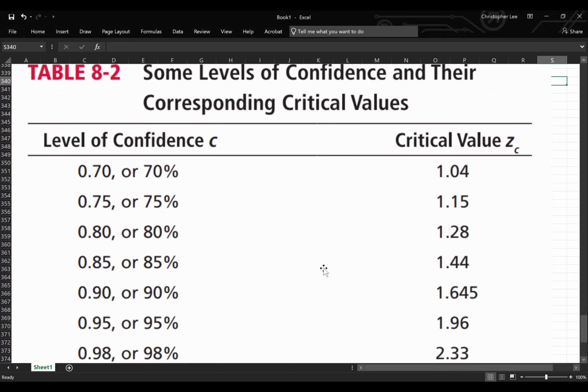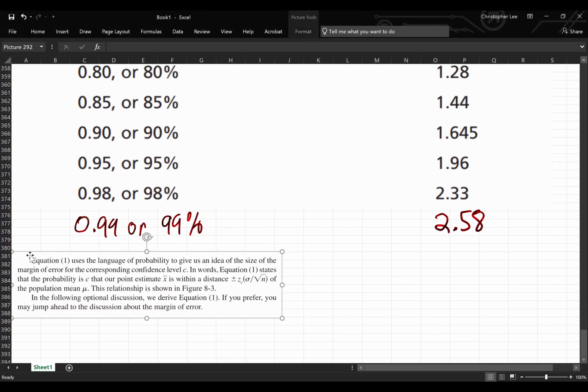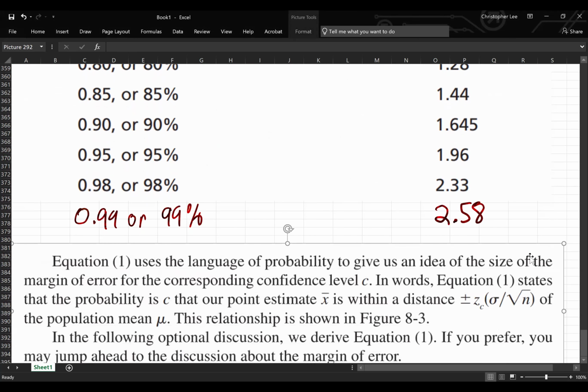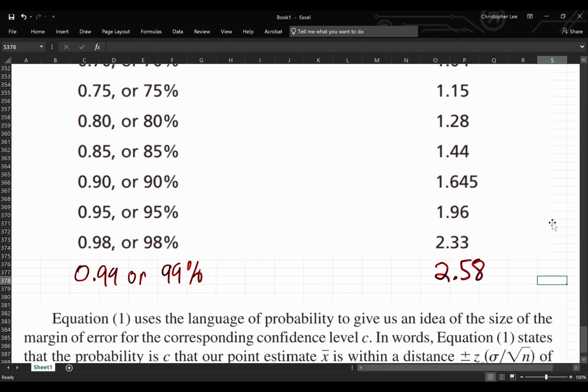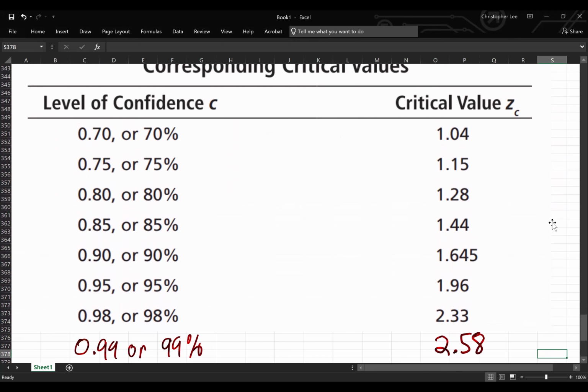Wait till you see test 4. It's only like 4 formulas. I'll show you though. Don't worry. I got you.